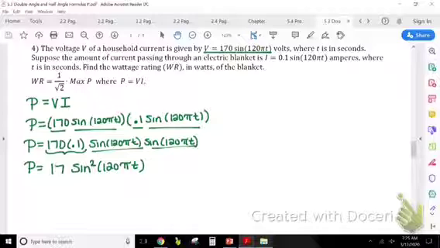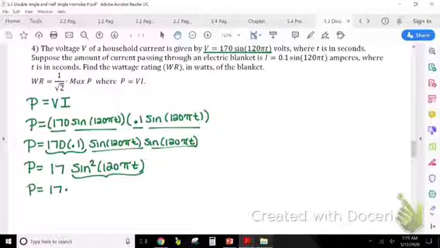Now, I got to figure out something to do with this sine squared. And since it's squared, I'm thinking maybe I need to reduce that power. That would be using one of those power reducing formulas. So where you have sine squared, well, let me write my P equals 17 times first.